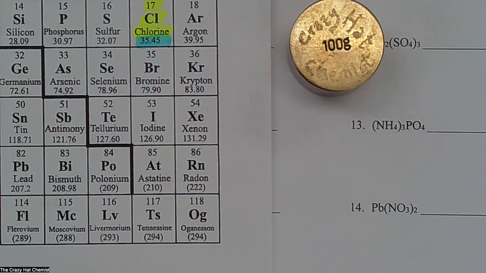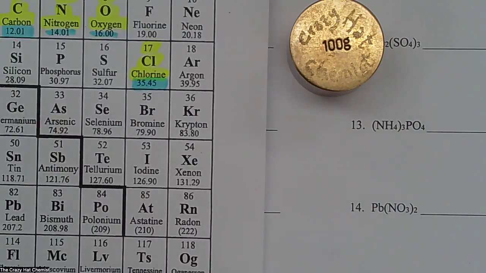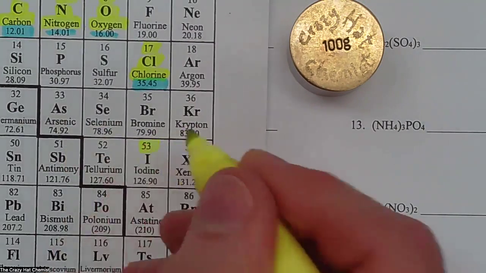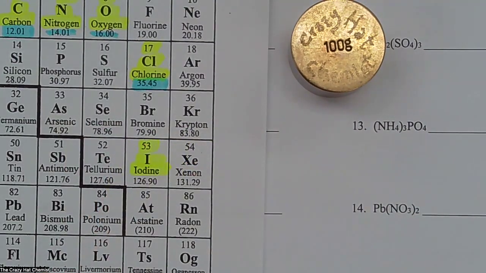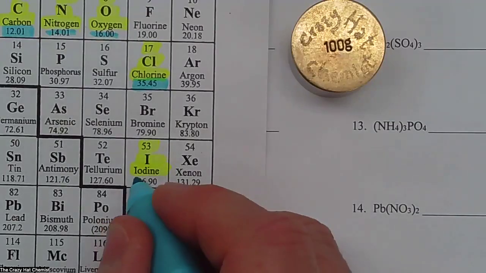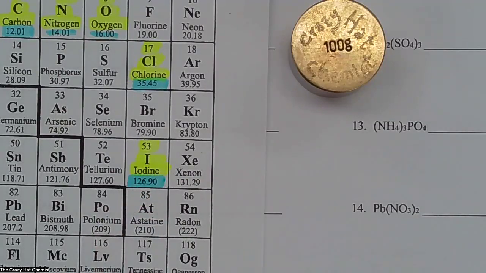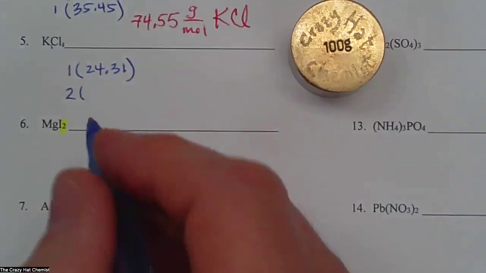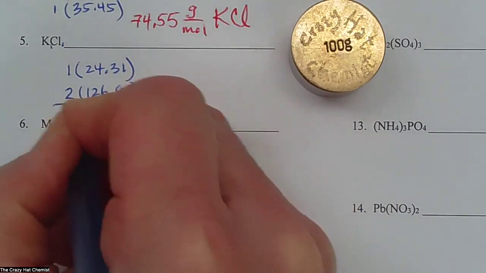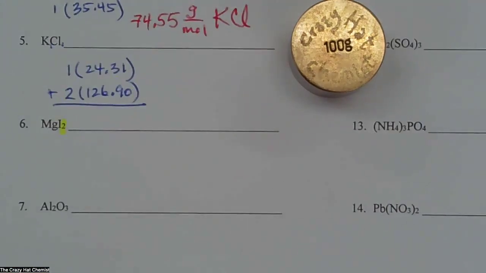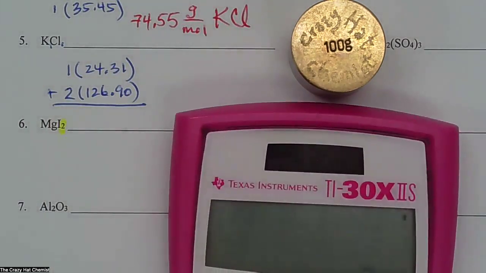Let's find iodine. It's in the same column as chlorine. That's a halogen. It's atomic number 53. That's I for iodine. And its mass for iodine is 126.90. Again, we're going to be doing the same thing on all these problems here, and that is 1 times 24.31 plus 2 times 126.90.